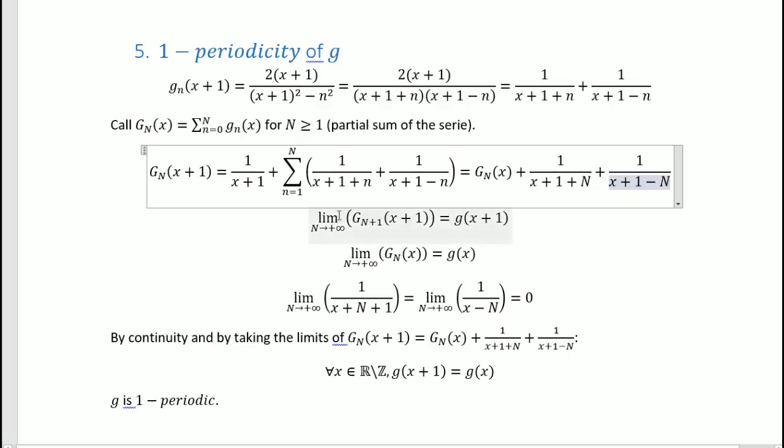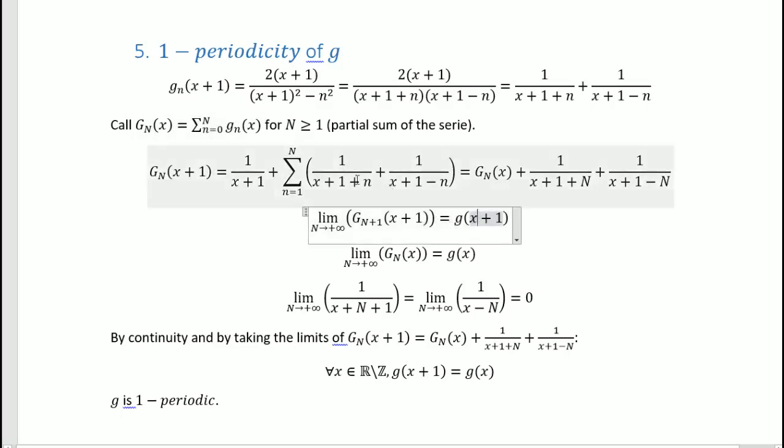Okay, so we take the limit. The limit of this part here is g of x plus 1, from the definition. This is literally the definition of a series.